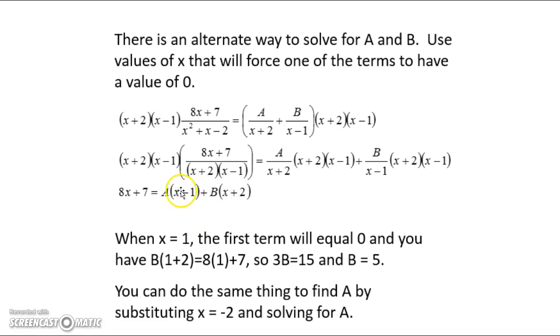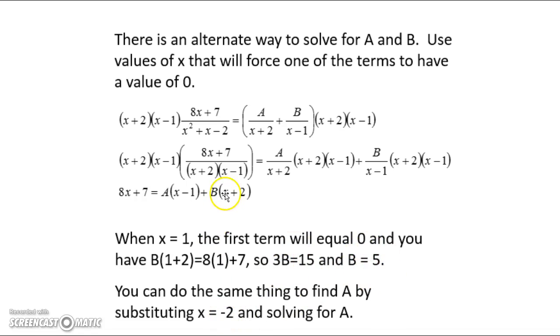And I realize that when x is 1, this term will have a value of 0. So I substitute x equal 1 all the way through the equation. If x equals 1, then I have 8 plus 7 is 15, and B times 1 plus 2 is 3B. So 3B equals 15 and B equals 5.